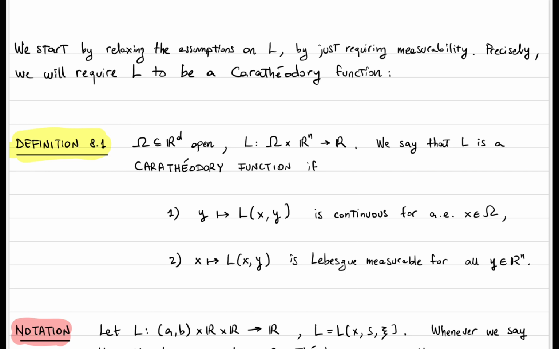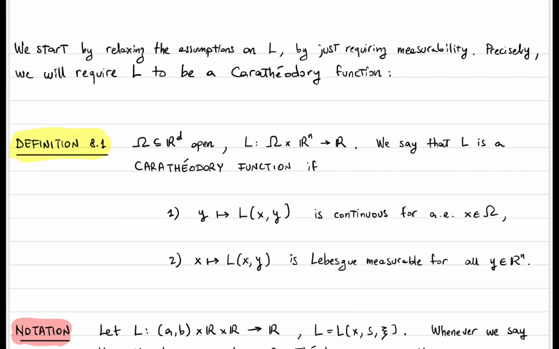So in this setting, we say that L is a Carathéodory function if the map y maps into L(x,y) is continuous for almost every x in Omega, and if the map going from x into L(x,y) is Lebesgue measurable for all y in R^n fixed.